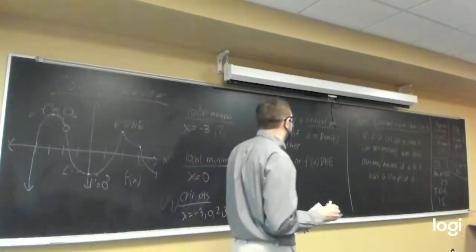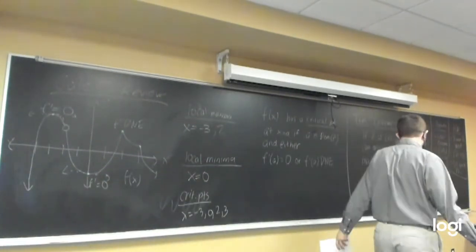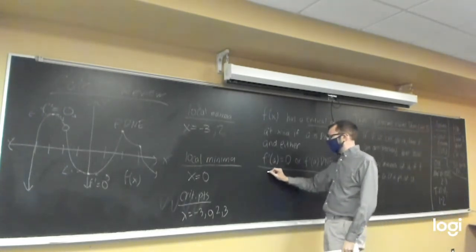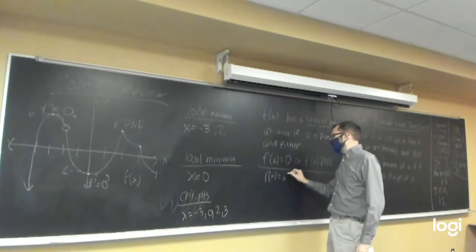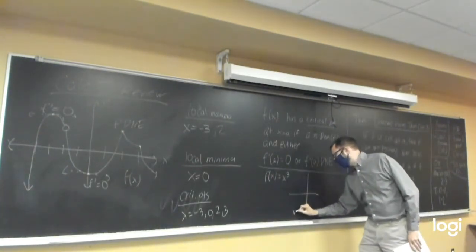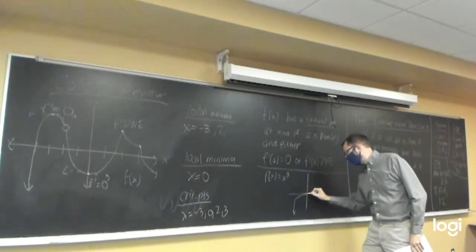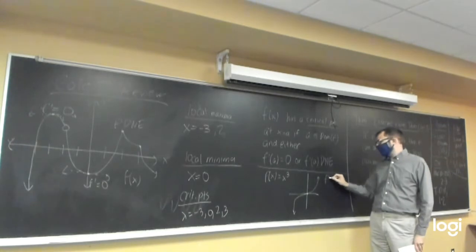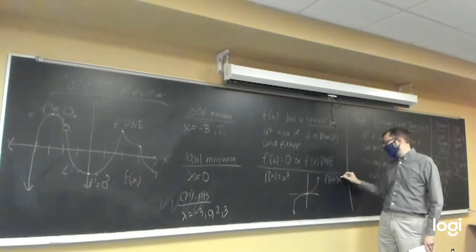Another example of something like that, where f prime does exist and equals 0, but we don't have a max or min, would be something like f of x equals x cubed. Where if we look at the graph, we're going to get something like this. At x equals 0, we can see that f prime of x equals 3x squared.